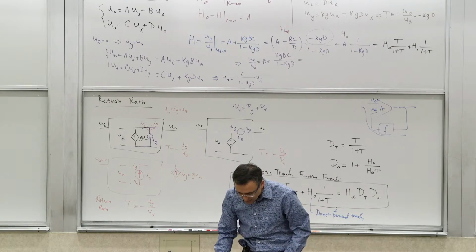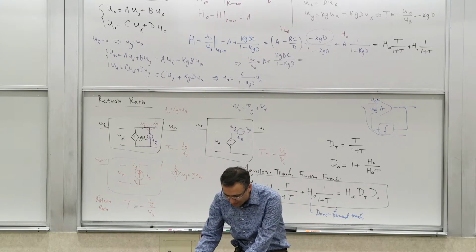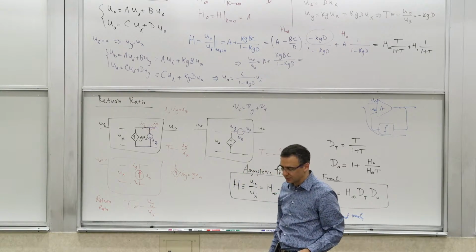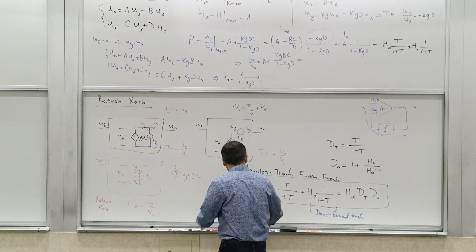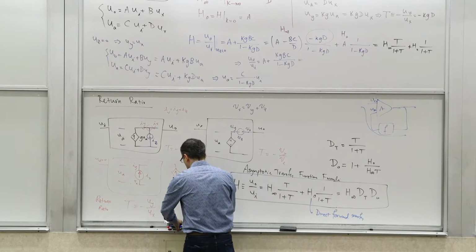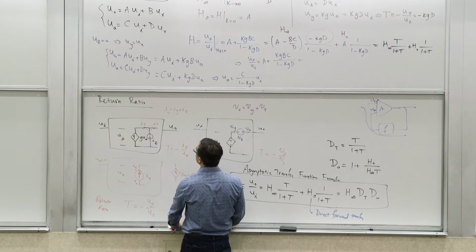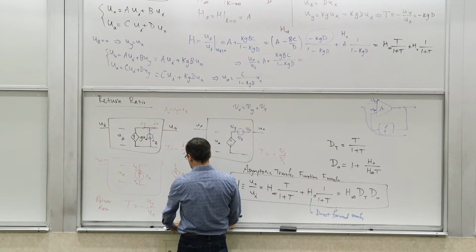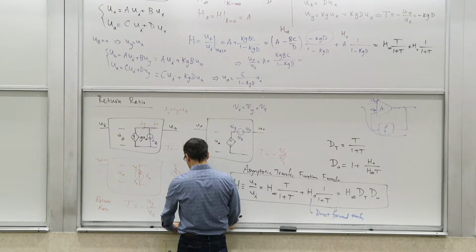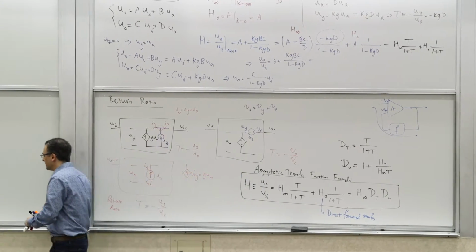And let's do examples, because I think then we will see how this works a lot better. So we are going to do a few examples of these. Let's go here.